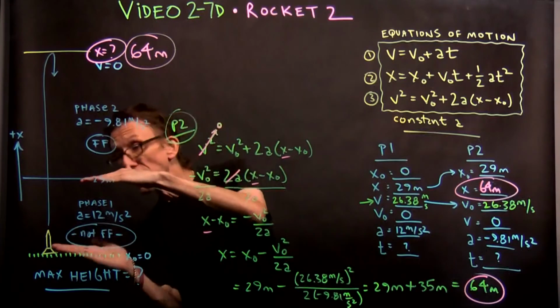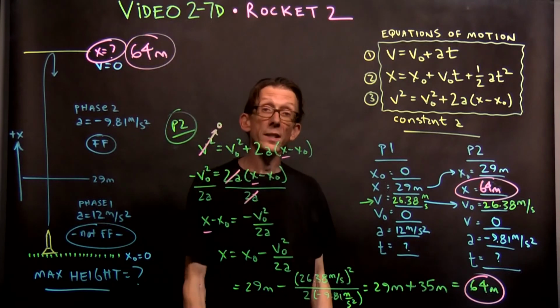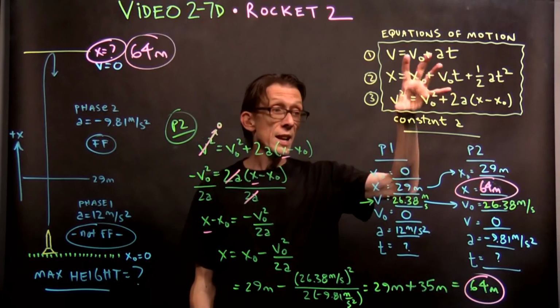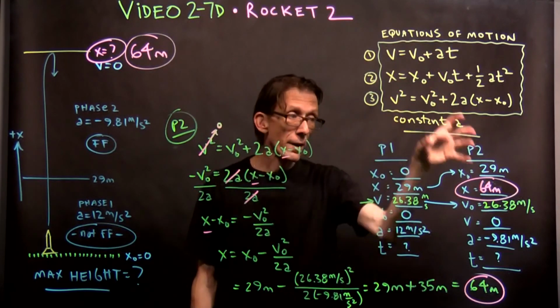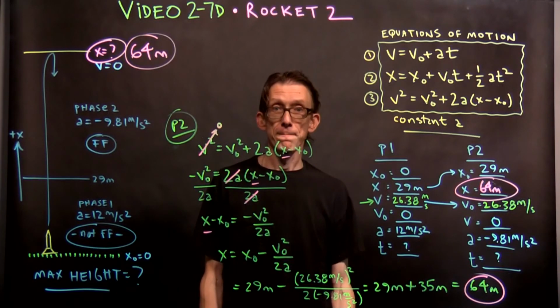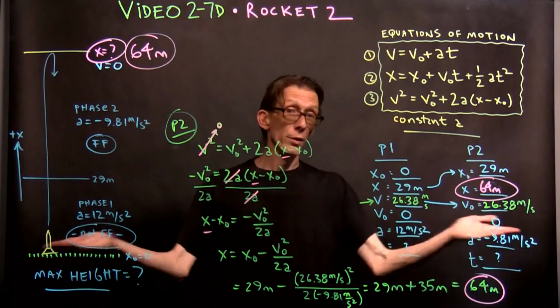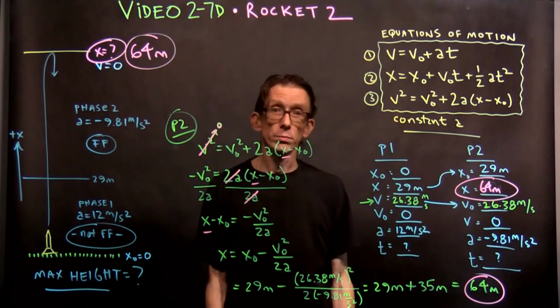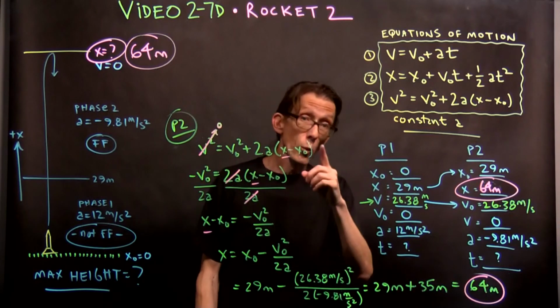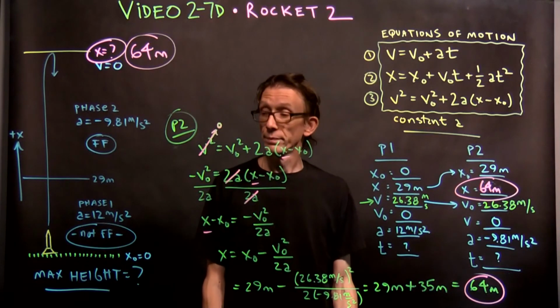But taken individually, these phases are constant acceleration deals. And so we can apply these individually to phase 1 and phase 2 and build up to the answer. Okay? And you can do this in the horizontal dimension as well, not just vertical. I mean, this sort of two-phase trick. Okay, you'll see it again. Wink, wink, nudge, nudge, hint, hint.